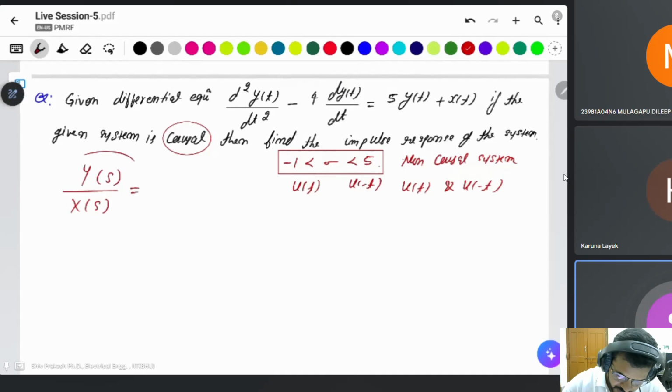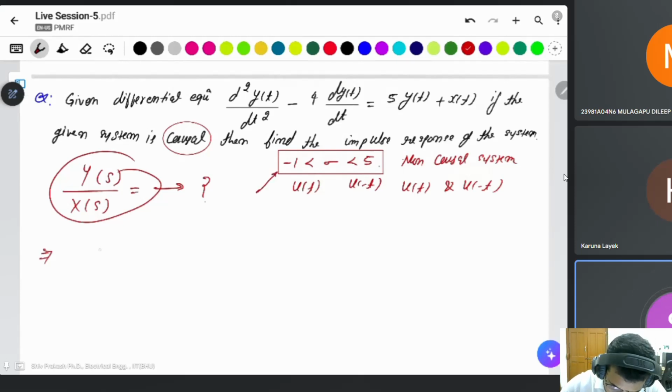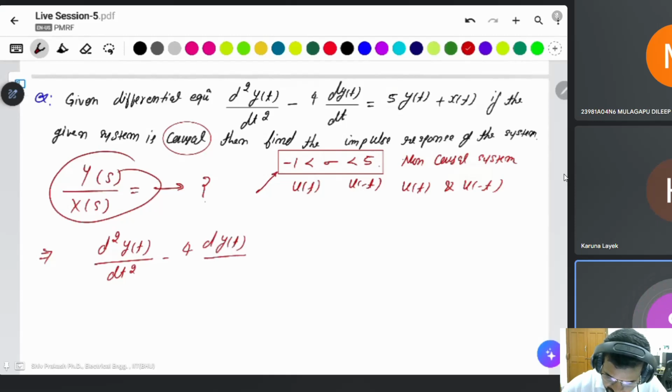Okay, first of all find this one. Then after you have to convert to the inverse Laplace of that system by giving these arrows. Okay, take the question 2 d2y(t) by dt square minus 4 dy(t) by dt.